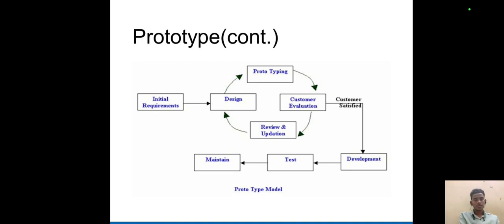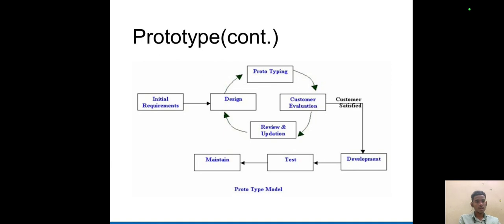First, it will start from the initial requirements. After we get all the requirements, then it will go to the designing phase. From the designing phase it will go to the prototyping, and from the prototyping it will go to the customer evaluation, to see if the project satisfies the customer or not. And after the customer evaluation, it will go two ways.